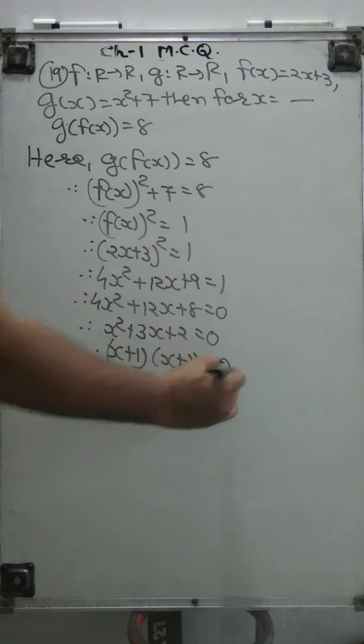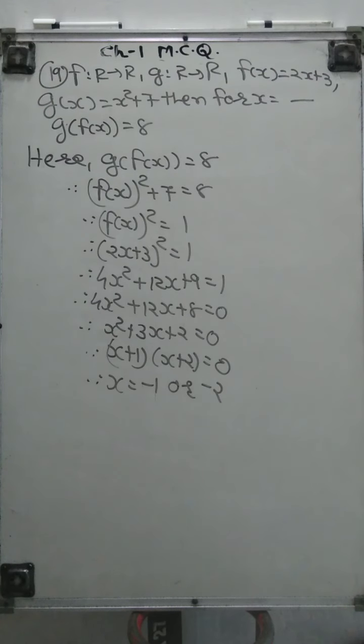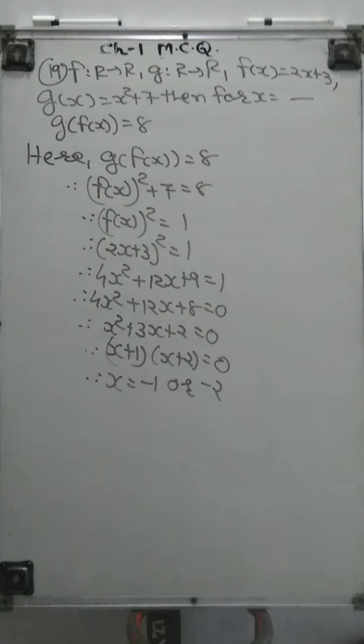Therefore, the value of x is -1 or -2. So for these two values, -1 and -2, the answer of gf(x) = 8 is obtained, right? So here we just simplify it and we can obtain this value of x, which is -1 and -2, right? Now we go for the next one.